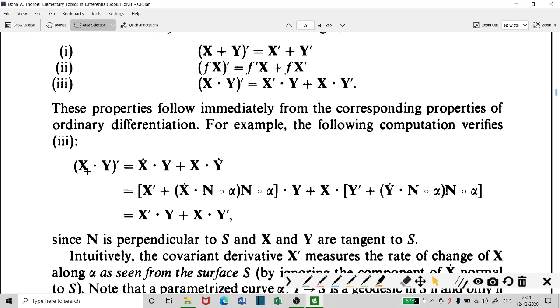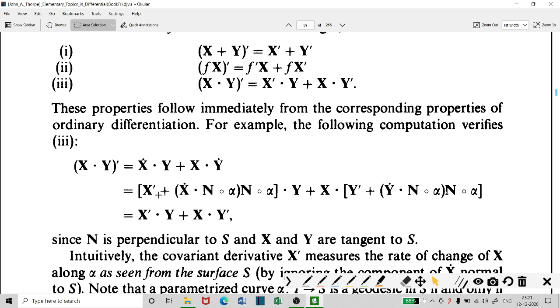This is the derivative of x dot y, equal to x dot y plus x dot y dot. These are the usual derivatives. So this is the usual derivative of the scalar function, and using the usual derivative, you can write like this. Then you can replace this x dot by its expression in terms of the covariant derivative. Then you can easily verify that this term will be 0 because y is tangential. Then n composed with alpha is normal, y is tangential, so by taking the dot product, the second term remains 0.